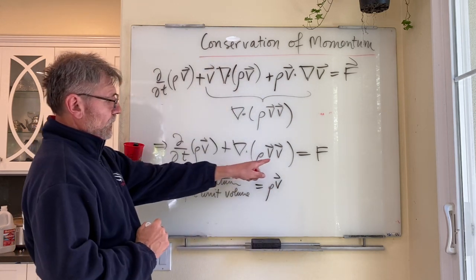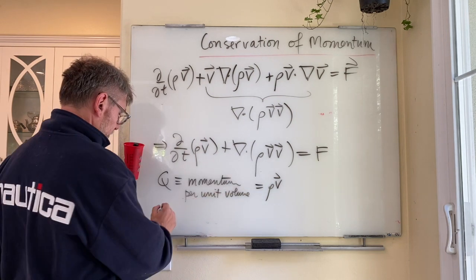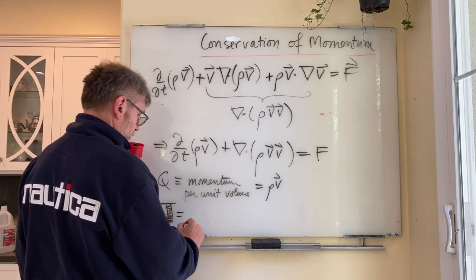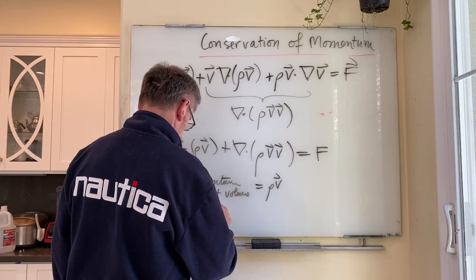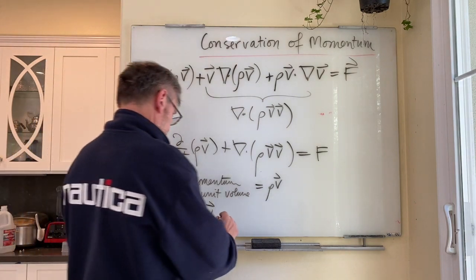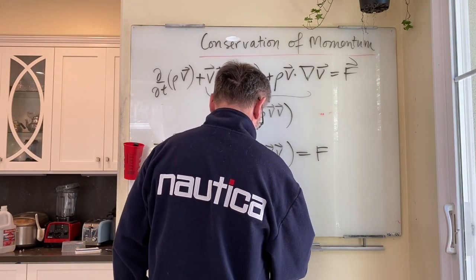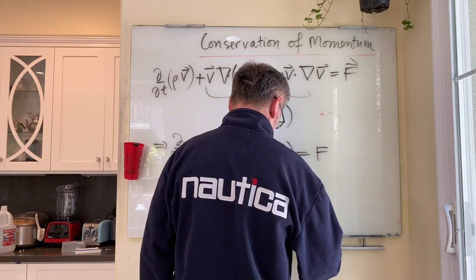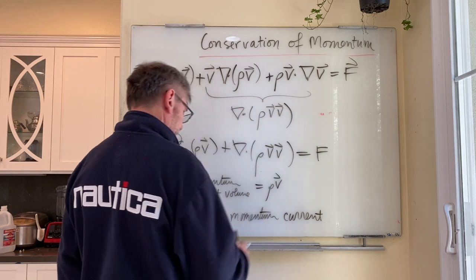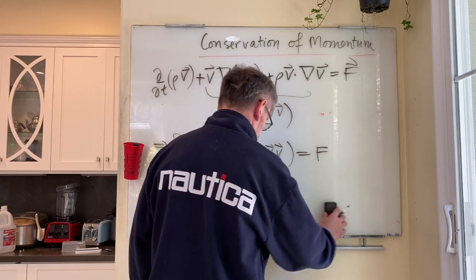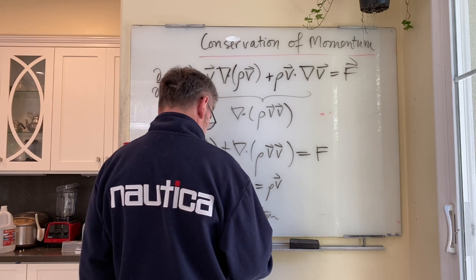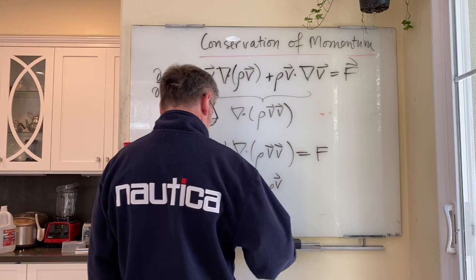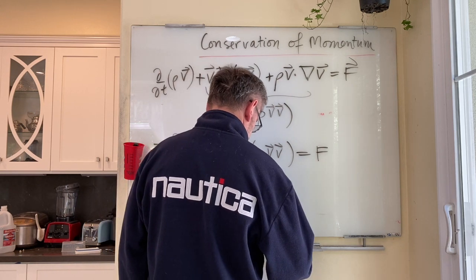And the current of momentum, which I'll write as a big bold matrix here, is rho v v. And this is the momentum density current, the momentum per unit volume current.